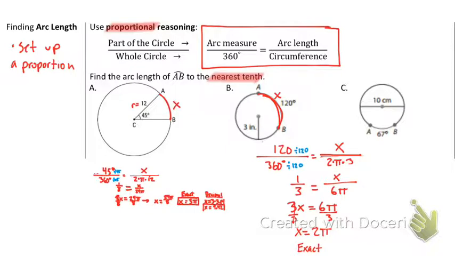So that means I want decimal form, and we're going to do x equal to 2 times 3.14 and throw that into our calculator. And we get x equal to 6.28. And I forgot in the last example, but I'll do it here.